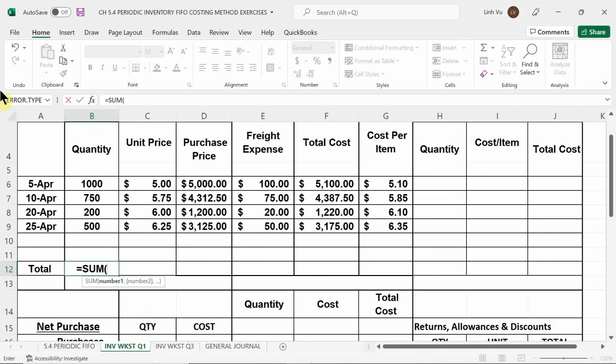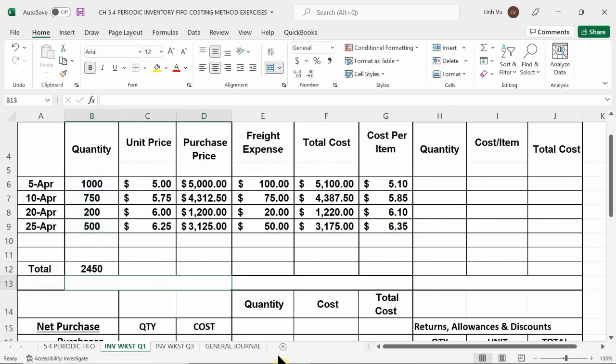So in this case, I need to add up my whole entire column for quantity, okay? To give you my total number of units I purchased. So in this case, what is the total number of units that I purchased? 2,450. 2,450, okay?